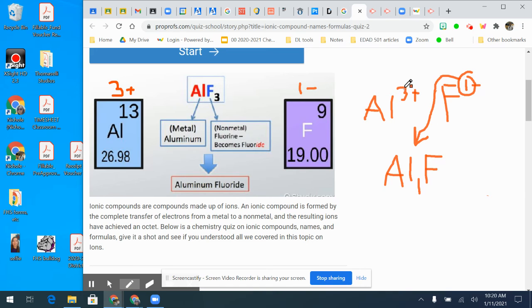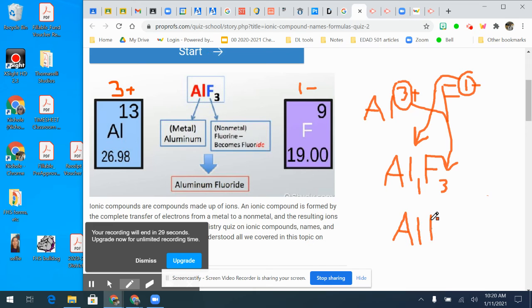And then for fluorine, we're actually going to have 3. So that 3 goes down here. So let's eliminate the 1. I'm going to rewrite it again without the 1 because it's not necessary. So AlF3, and that is the final answer and what we get.